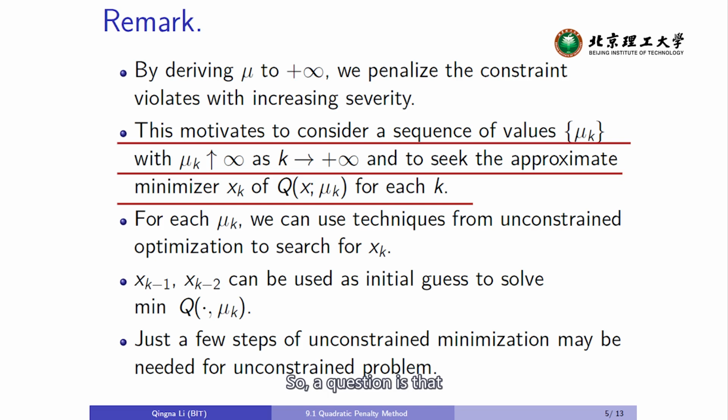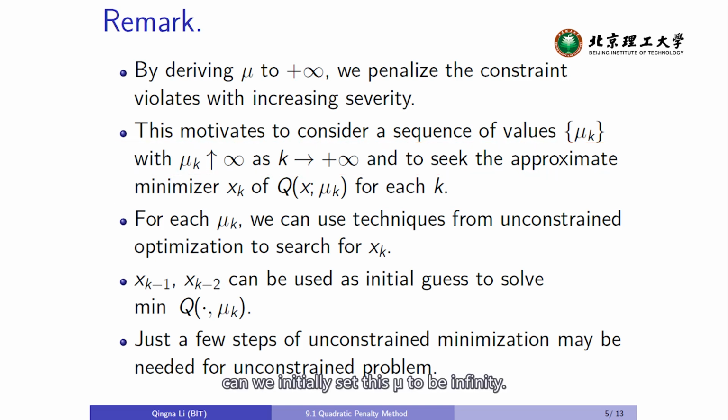A question is: can we initially set mu to be infinity? The answer is that we can. However, in this case, the problem may have a very bad condition number. So we set mu to a very small value and then increase it gradually to solve a sequence of penalized problems.